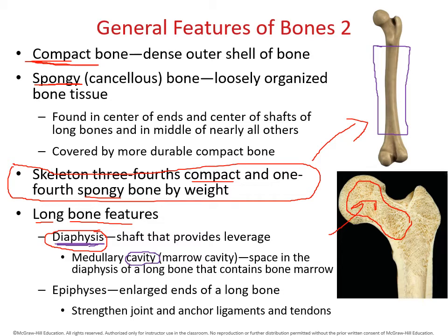This is called the medullary cavity, and in fact, you can see a little bit of it over here appearing. It hollows out. The medullary cavity is also called the marrow cavity because it can be filled with either yellow marrow or red marrow, depending on what stage of development the body is in. We're going to talk more about that.